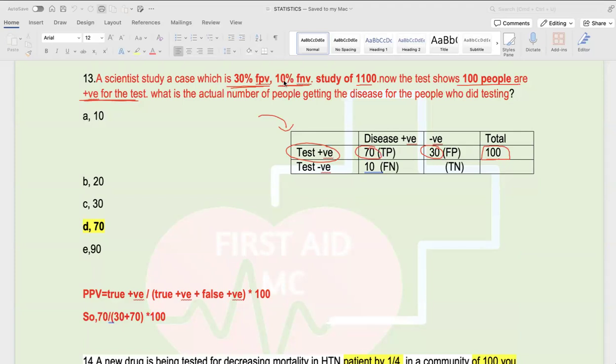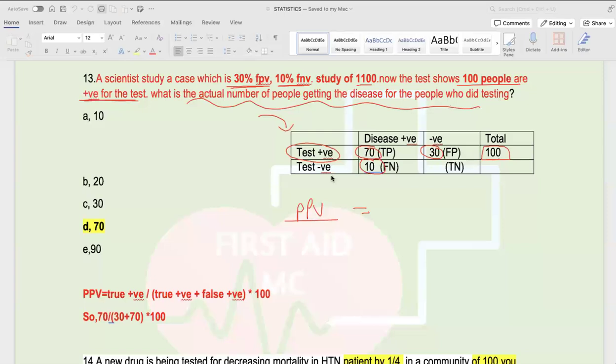And we also know that 10% is false negative. Now the question was actually asking for positive predictive value. So the question will be something like, find out the proportion of people who the test came back positive and they're actually diseased. Now this is definitely not the full question, but the full question will be something like, find out the proportion of people who tested positive and are actually diseased.